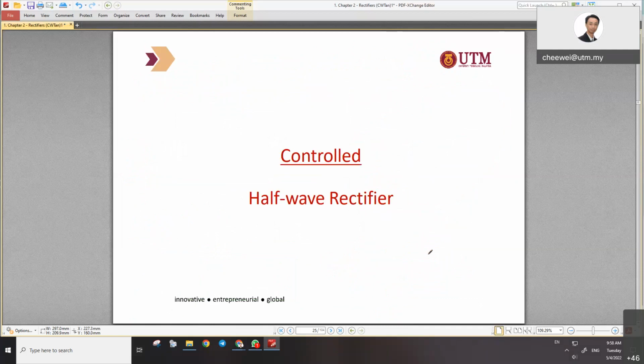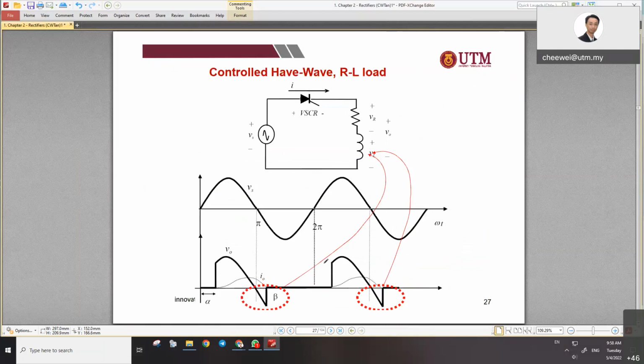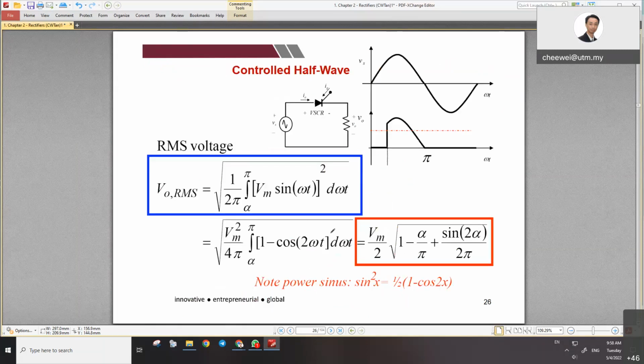Are you still there, or are you already lost in space? We are coming to the controlled half-wave rectifier with the RMS voltage. And then what else? RL load. Okay, before we go for the RL load, this one is still repeating the same thing. It's just that the equation now becomes a bit different with the blue box and the red box.